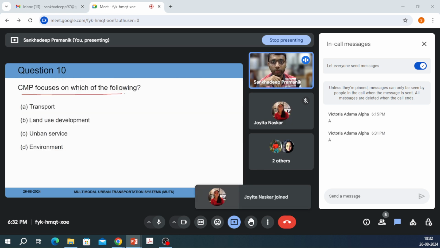CMP focuses on which of the following? Transport, land use and development, urban service, environment.